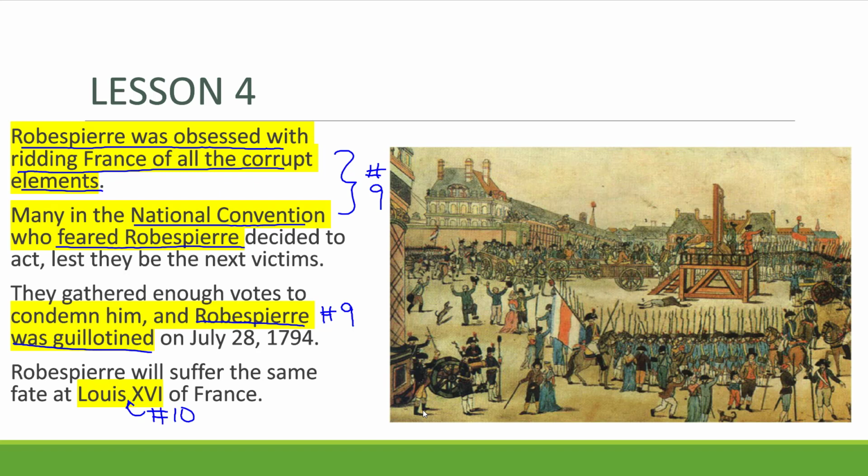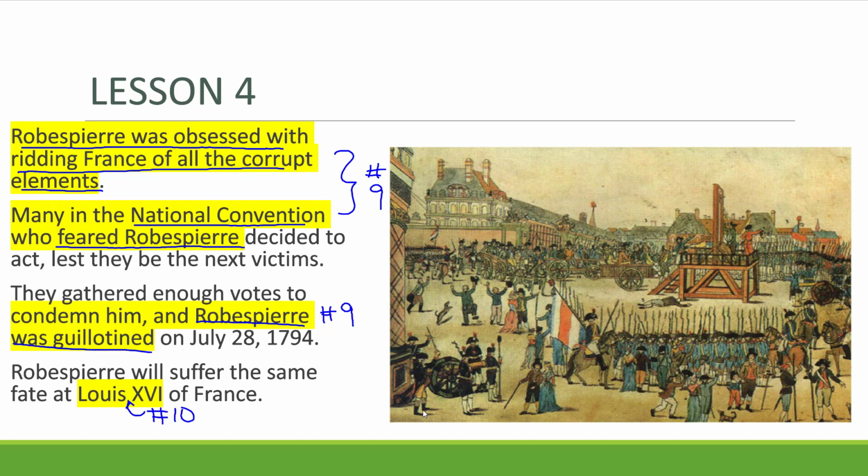So the people of the National Convention are like, well, maybe we should cut him down because he's doing too much, and they might be the next victims on his list. So they gathered enough votes to condemn him, and as you see here, Robespierre was guillotined on July 28th, 1794.